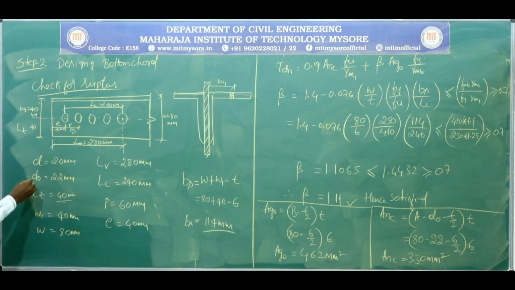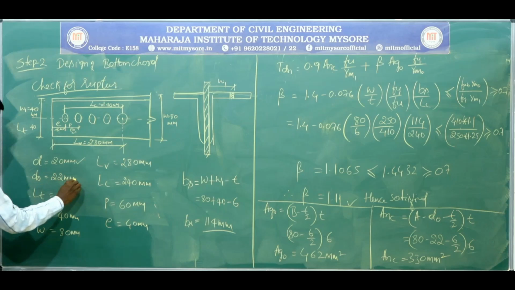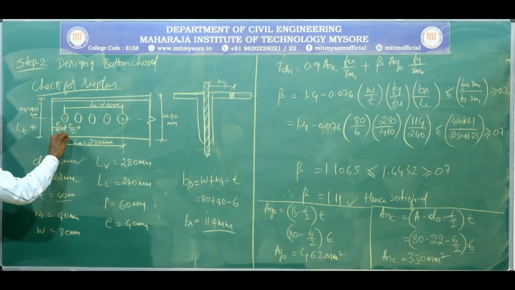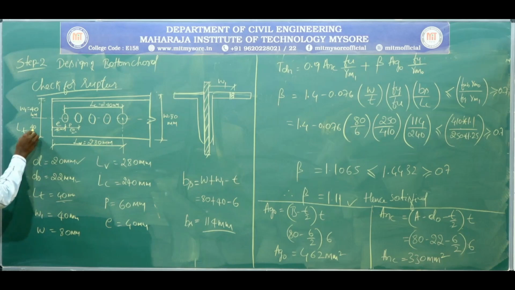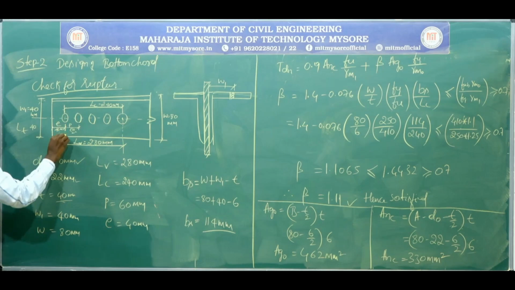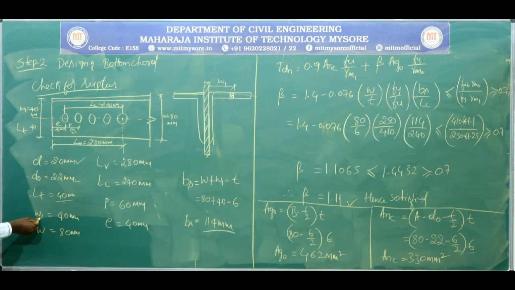Okay, that is 40. d we considered as 20 millimeter and d naught is 22, that is dia of the hole considering 2 mm clearance. Lt is from this center to the edge of the plate, that is angle is 40. Why is it 40? Because in total we have considered 80, in that we place the bolt at 40, so the remaining distance from here to here is 40, which is Lt.